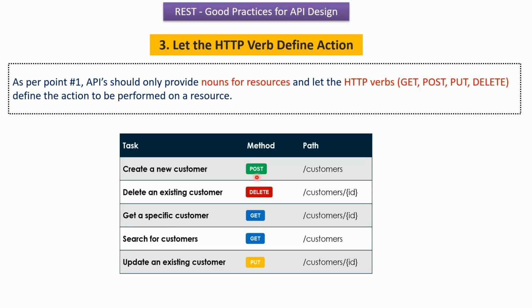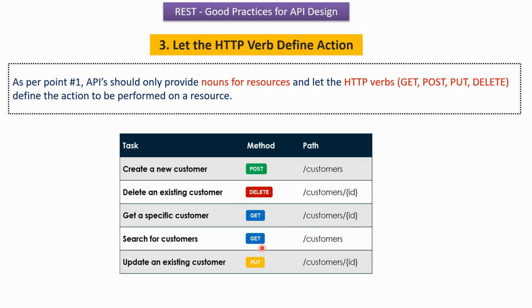To create a new customer, we have to use the HTTP method POST and the path /customers. To delete an existing customer, we use the HTTP method DELETE and the path /customers and the ID of the customer. To get a specific customer, we use the HTTP method GET and the path /customers/ID of the customer.